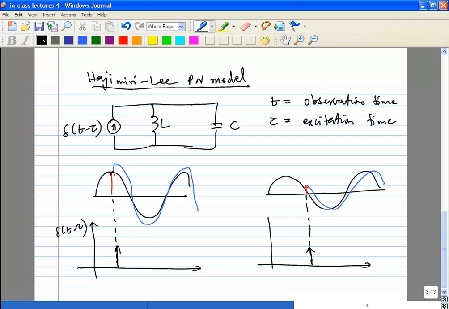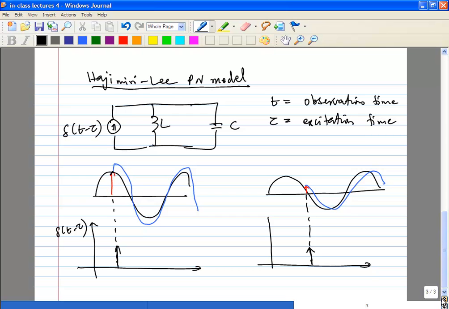Yes, that could also happen, definitely. Could it have a DC component? If you have a DC component, what will happen? Actually, I'm not sure. Let me think about it.